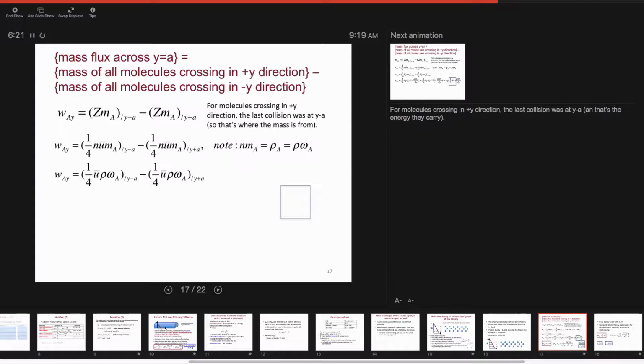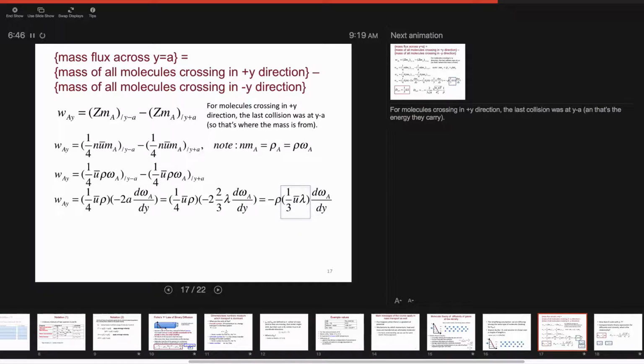When I plug it in, I'm going to now have average velocity, rho omega A. And now I use my Taylor's formula for omega A at y minus a minus omega A at y plus a. And that is minus 2a times the derivative of omega A in the y direction.